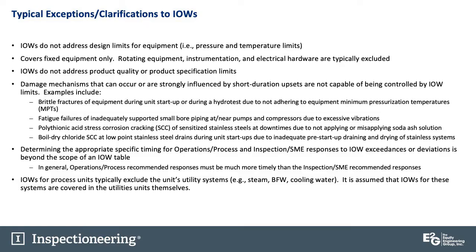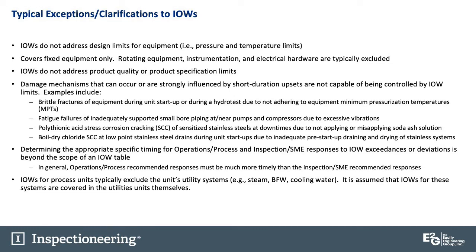More clarifications on IOWs. The appropriate specific timing for operations, process, and inspection responses to an IOW exceedance is kind of beyond the scope of an IOW table. You just got to get the smart people in the refinery involved. Let me give a good example of this issue again on that crude unit overhead pH.